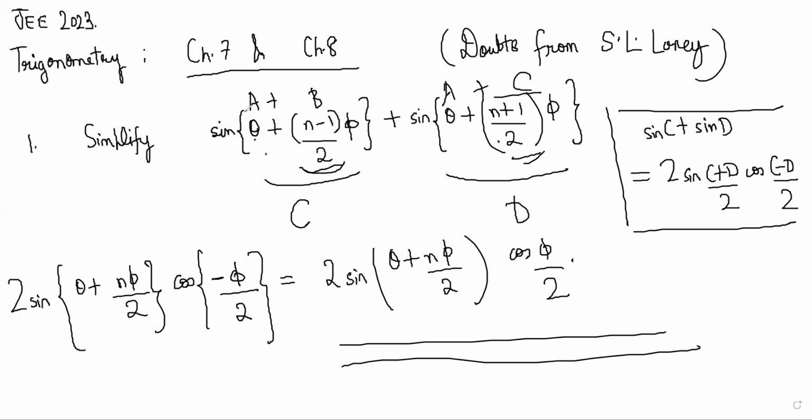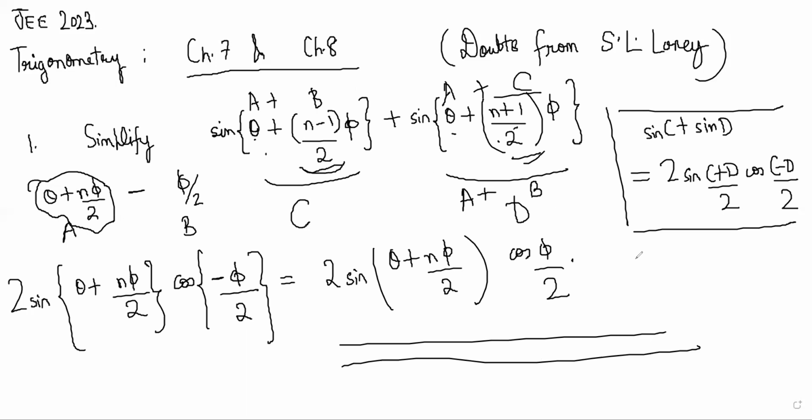If you wanted to do that, you should have taken theta plus n phi by 2 as a, and this one is a minus b. b is phi by 2. And what is this? a plus b. Can you see, if I group it like this, then it is working out? Yes, sir.